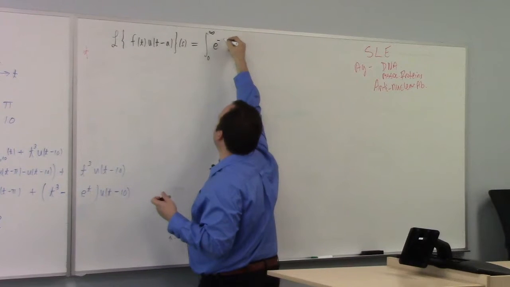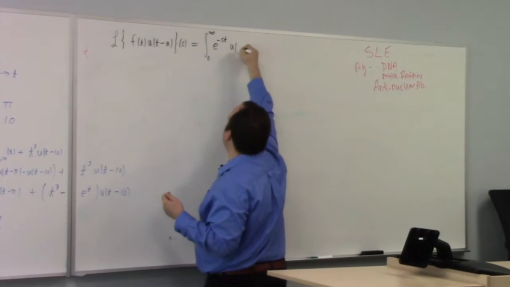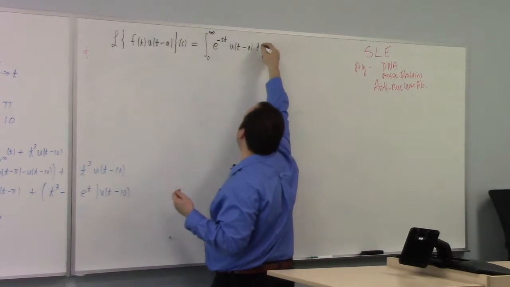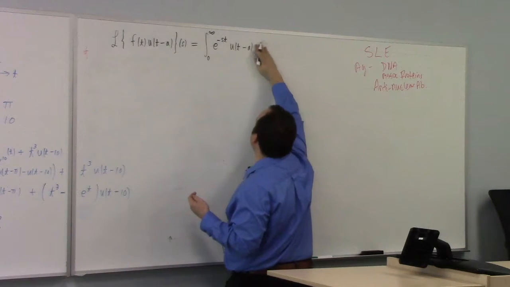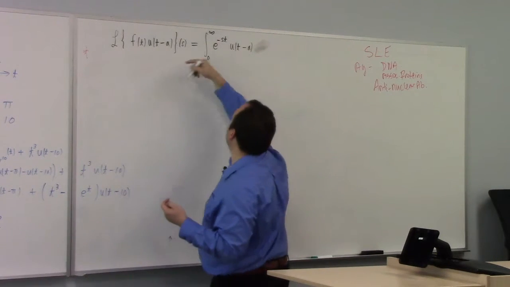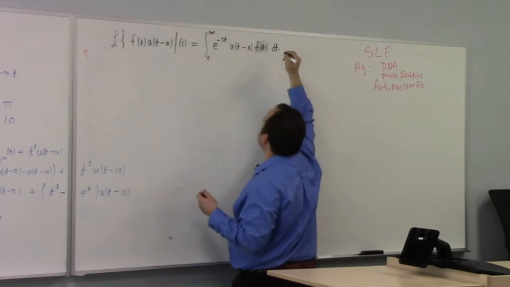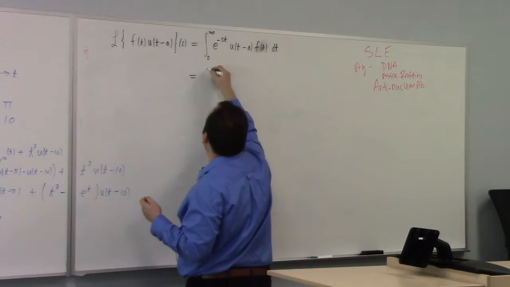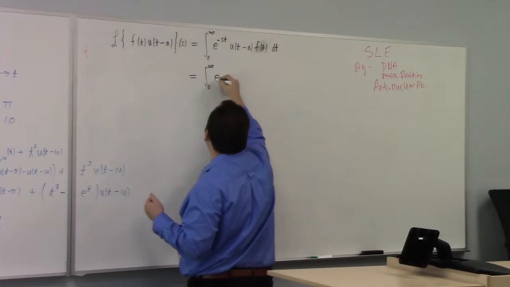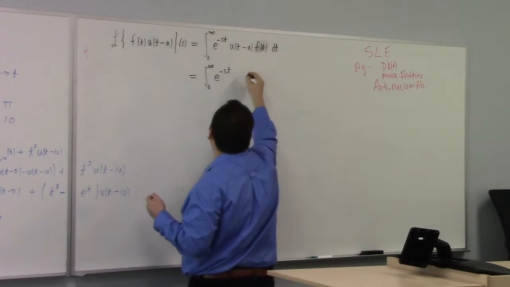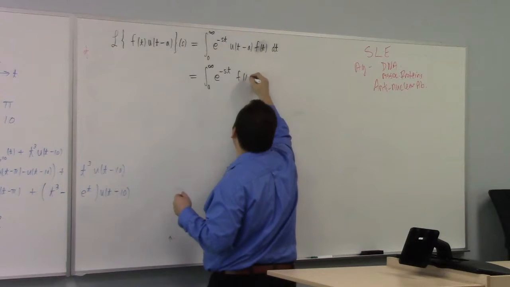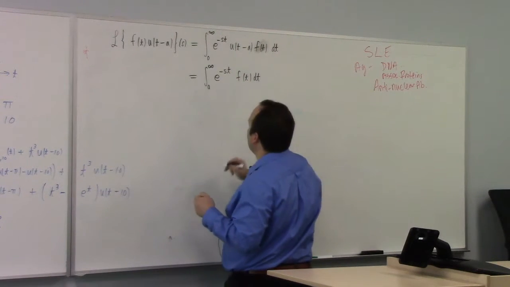And then we have e to the minus st, u of t minus a, dt. Oh, forgot something very important: f of t. So same song and dance. This is the integral from a to infinity of e to the minus st, f of t, dt. How do I know that?